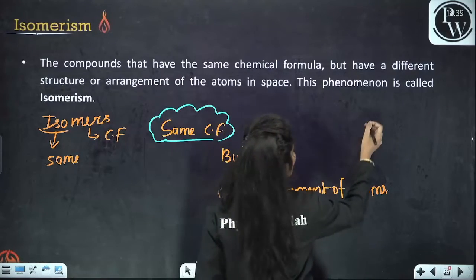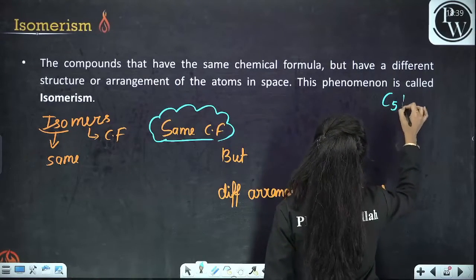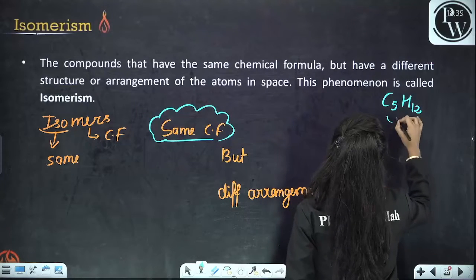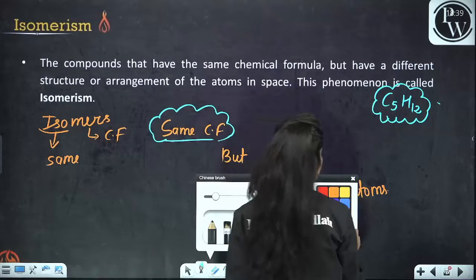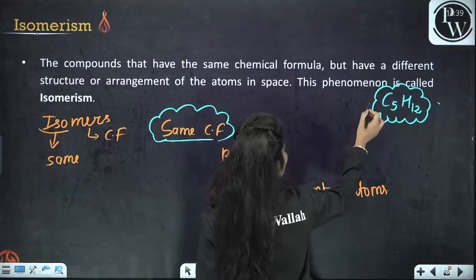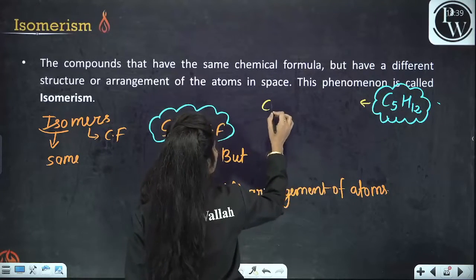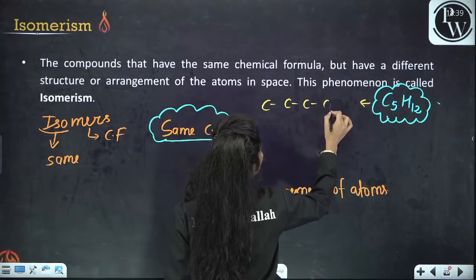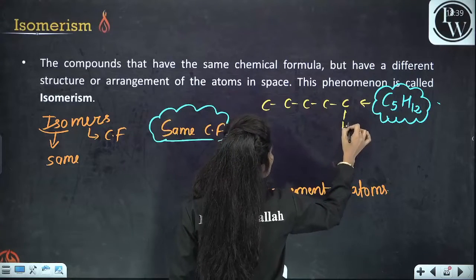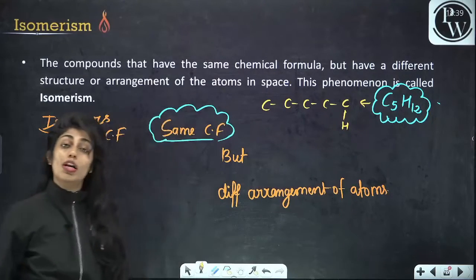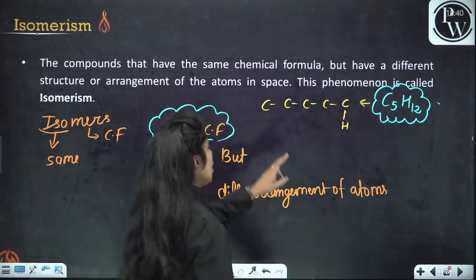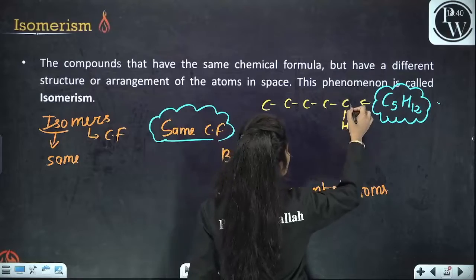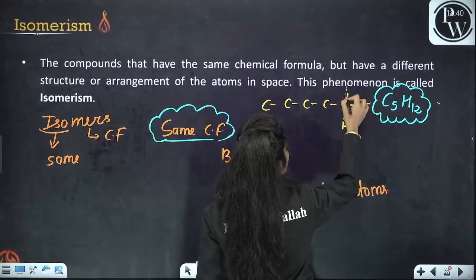For example, you have C5H12. Okay, we will name it later, but I would like to show you their structures. So I can write it like this: carbon, carbon, carbon, and carbon. So carbon is always and forever forming 4 bonds. So if I have formed only 1 bond with this carbon, 3 bonds will be formed by hydrogen.